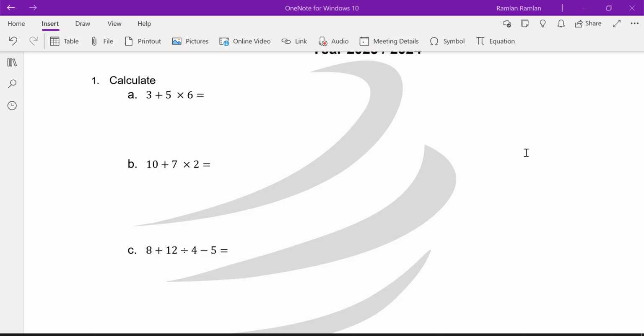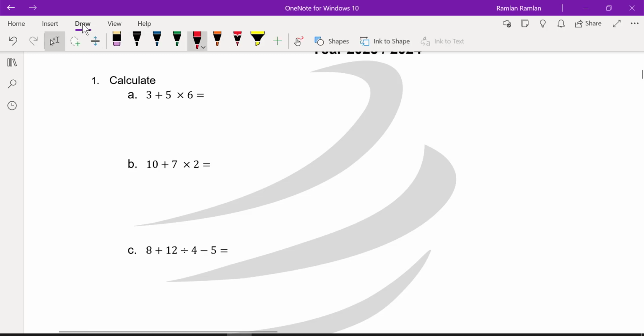And then when you answer all of the questions here, make sure that you write down the process of working. Okay, so without the process of working, for example, you only write down the final answer, although it's probably a correct answer, you won't get a full mark. For example, let's say for number one, I give you 2 marks.